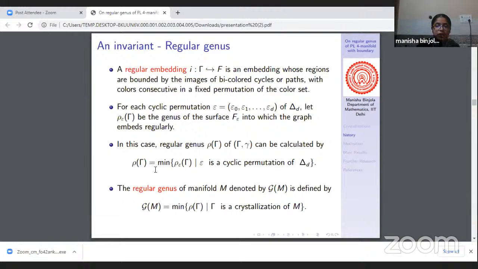This minimum number is called the regular genus of gamma, denoted by rho gamma. Now for a manifold, we can have many crystallizations. We calculate the regular genus of gamma for each, take the collection, and minimize it. That number is called the regular genus of the manifold.